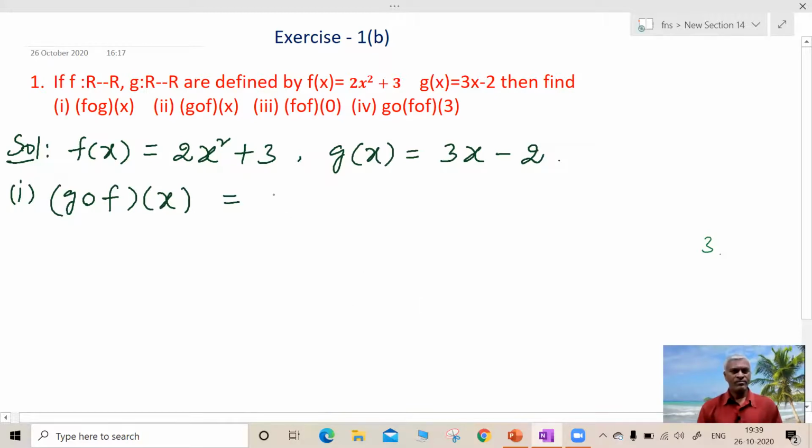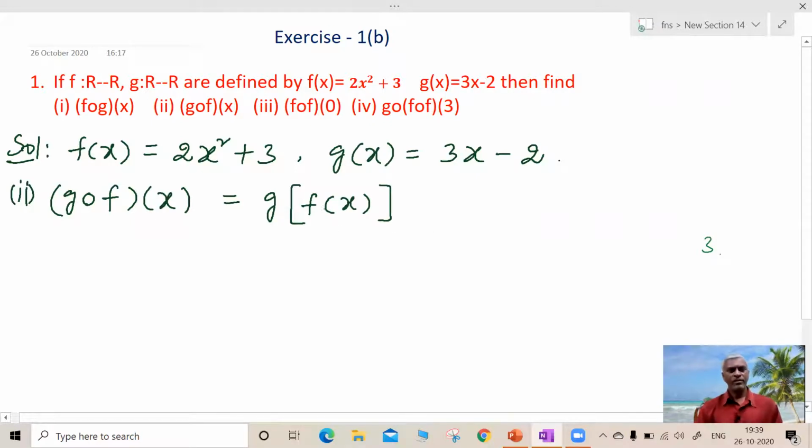I am separating f(x) from this by breaking the circle and keeping brackets. So this can be written like this: g(f(x)). This is the second bit.